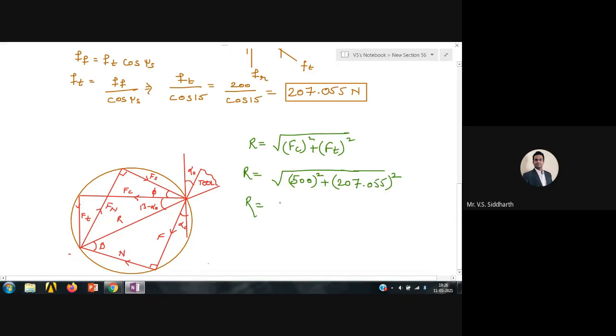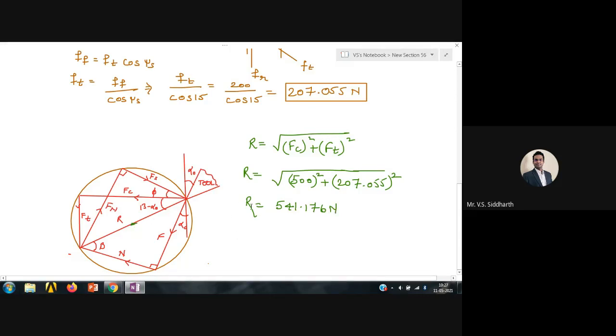Tell me how much is R? 541.176 newtons. This is the resultant. So this also you have got, the resultant also you have got.